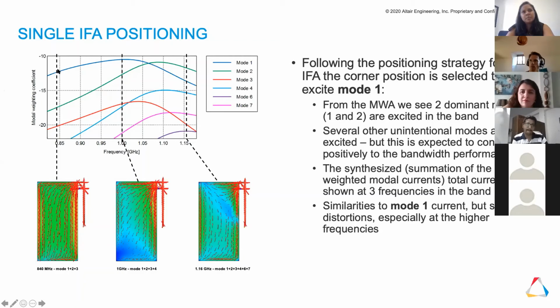In this case, we have, probably 5 dBs separation between mode 1 and mode 2 in the modal weighting coefficient. And the properties in this case are arguably dominantly mode 1. So there are some properties from mode 2, but the dominant mode is mode 1 in that case. Thank you.